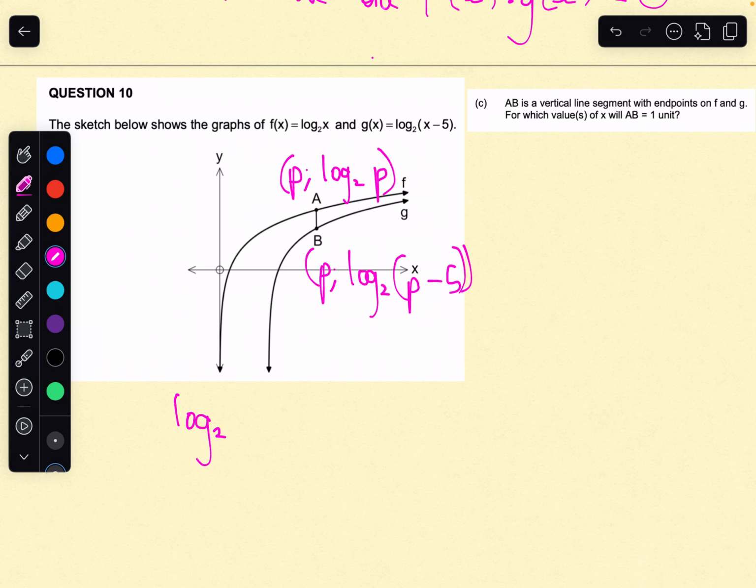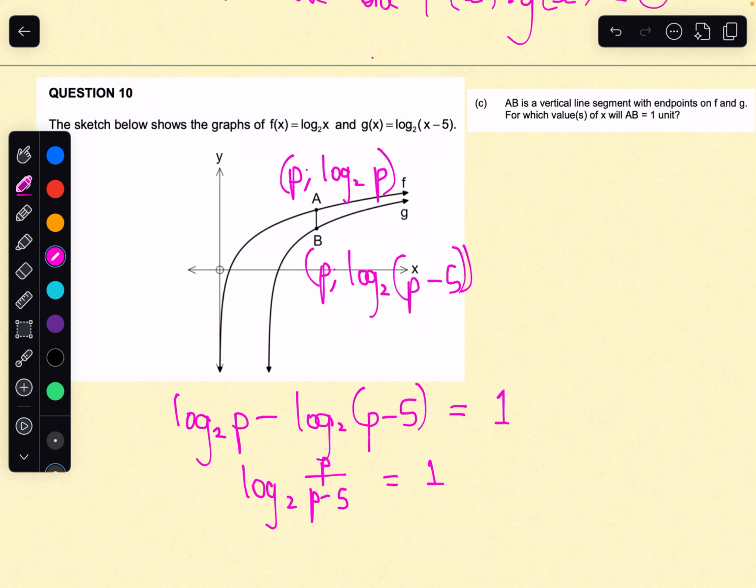So we need this difference to be equal to 1. So this is where we need to make use of our log laws. So we know that if they have the same base and we have a difference, then we can combine it into a quotient like that, right?